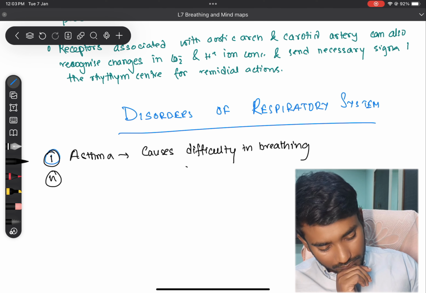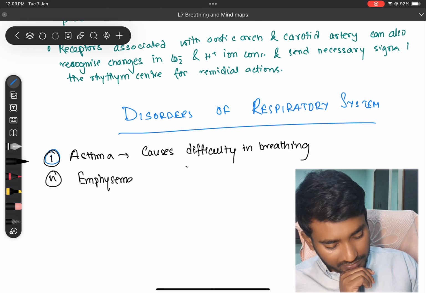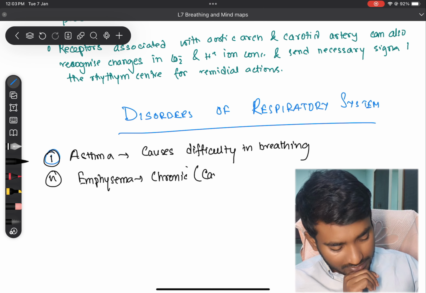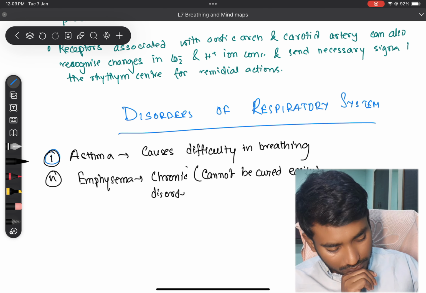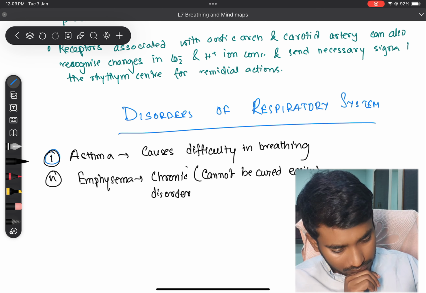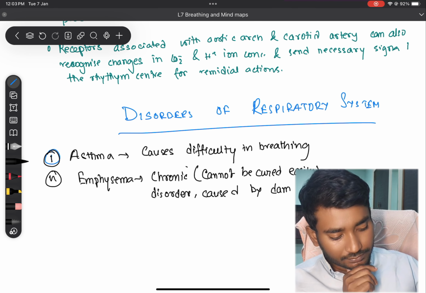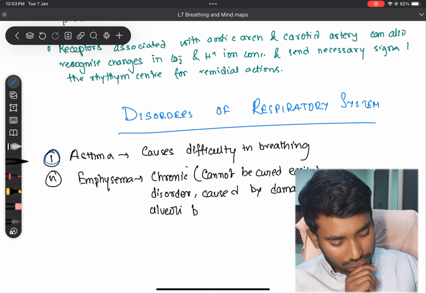Two is emphysema. It is chronic and cannot be cured easily. It is a chronic disorder caused by damage of alveoli by smoking.